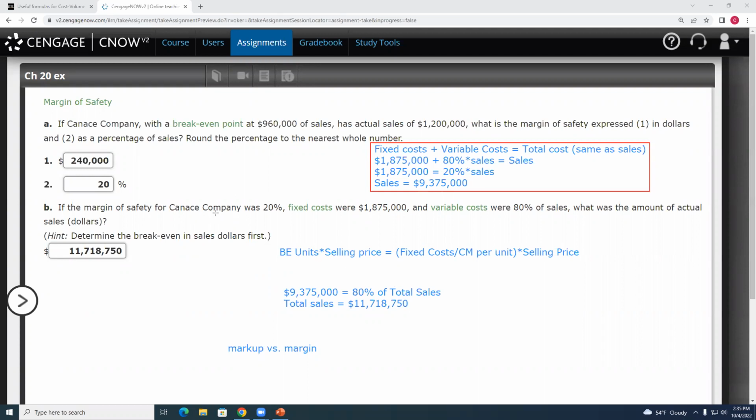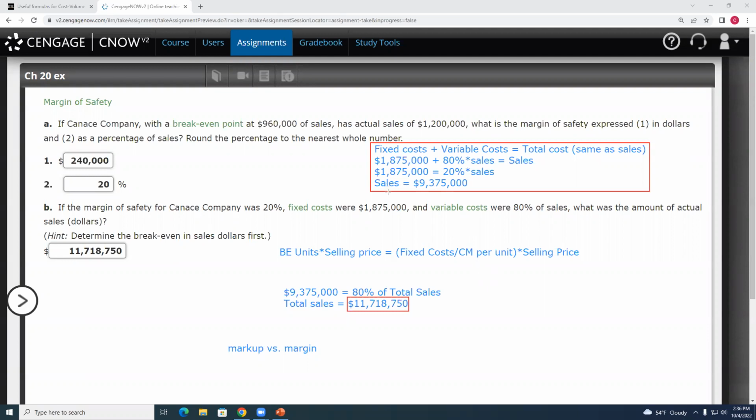And then I knew that our margin of safety was 20%. So I had to find out that break-even sales is 80% of what number. And then our total sales right here. So if the total sales, like back in the red box, sales equals the 9 million.